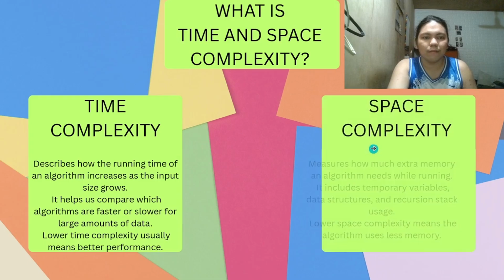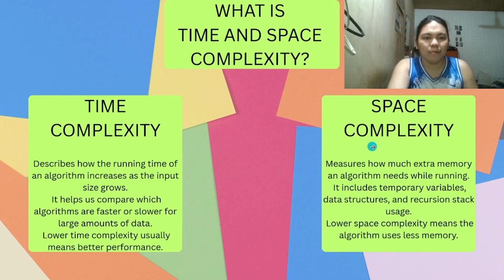Next, space complexity measures how much extra memory an algorithm needs while running. It includes temporary variables, data structures, and recursion stack usage. Lower space complexity means the algorithm uses less memory.